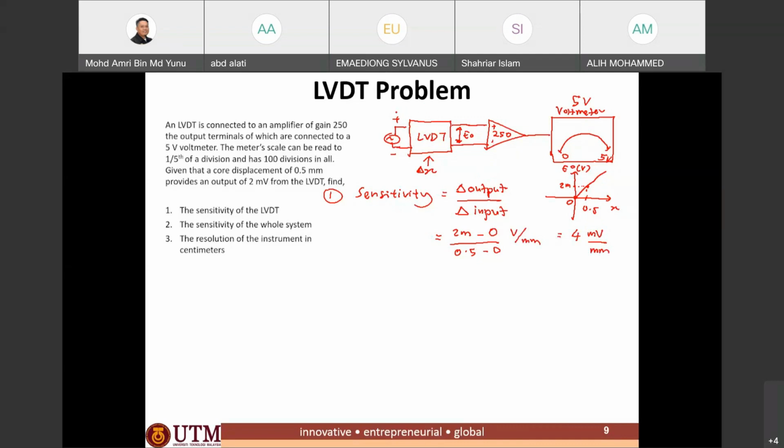So that's the sensitivity of the LVDT. Okay, so now the sensitivity of the whole part. We have to consider the amplifier gain to find the sensitivity of the whole part.